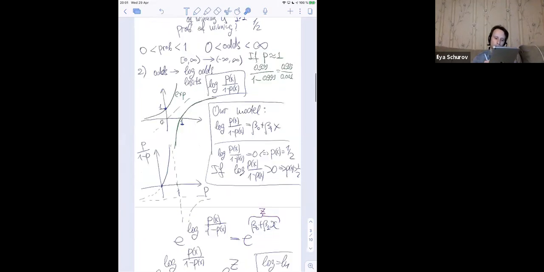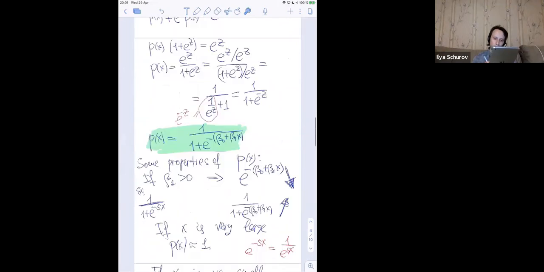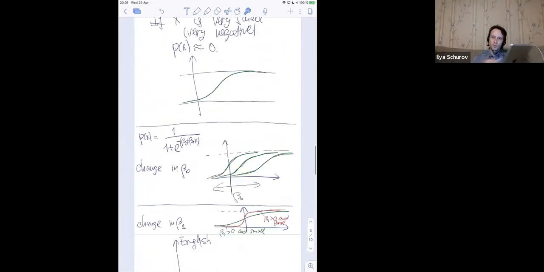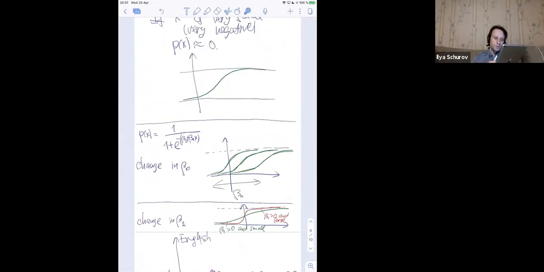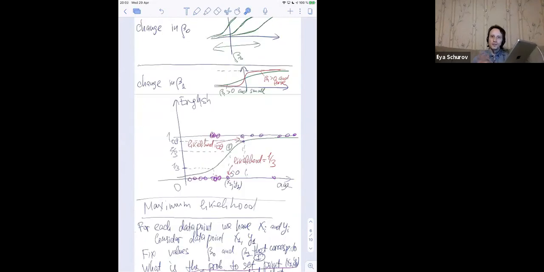Okay, actually, it was possible to more or less ignore this part about maximum likelihood and just say that there is some magic that works. But I like to explain it in detail because this method, the maximum likelihood method, is very universal.